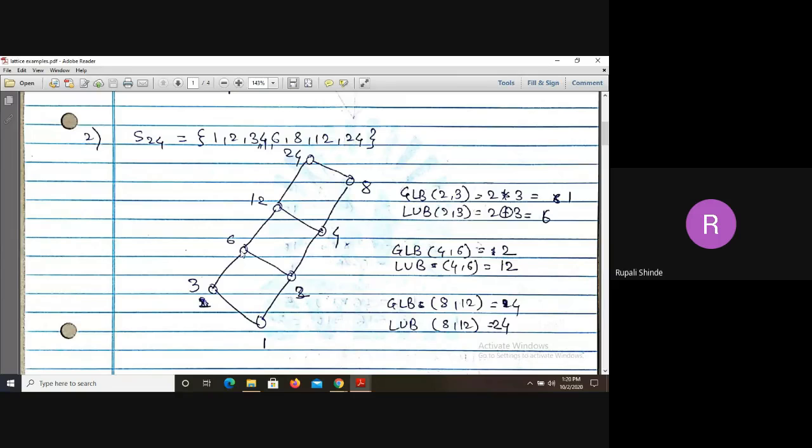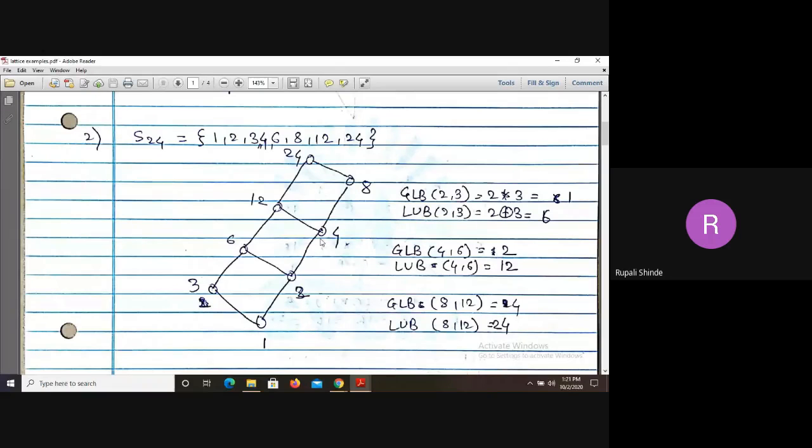And 3 divides 6, 6 divides 12. Also 4 divides 12, that's why this line is given. 2 divides 6, that's why this line is given. And then for 24, both 8 and 12 divide 24. That's why our diagram will be like this.